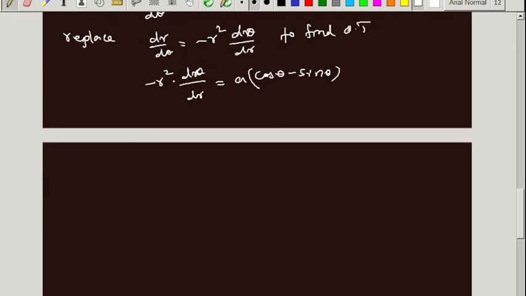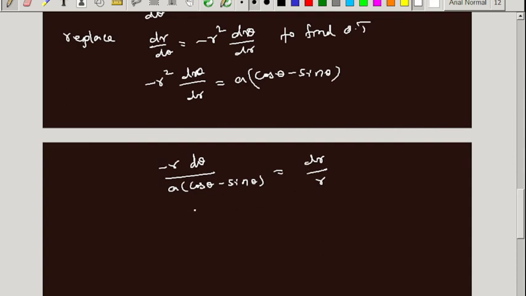We modify this and write d theta, keeping r square as it is, dividing by a into cos theta minus sin theta, equal to dr dividing by r.